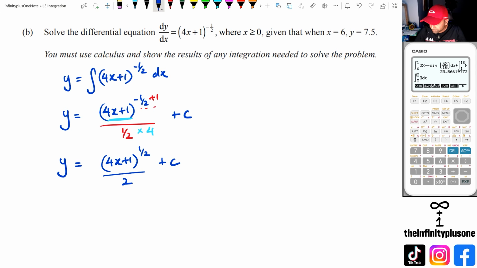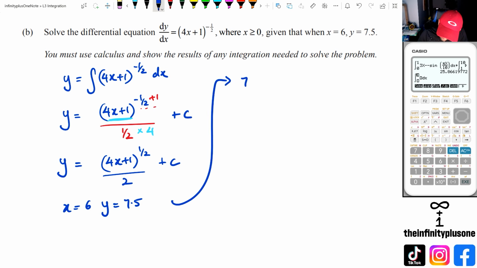Now it does say when x equals 6, y equals 7.5. So we need to figure out what the c value is. 7.5 equals (4 times 6 plus 1) to the power of half over 2, plus c. 4 times 6 is 24, plus 1 is 25. 25 to the power of half is 5.